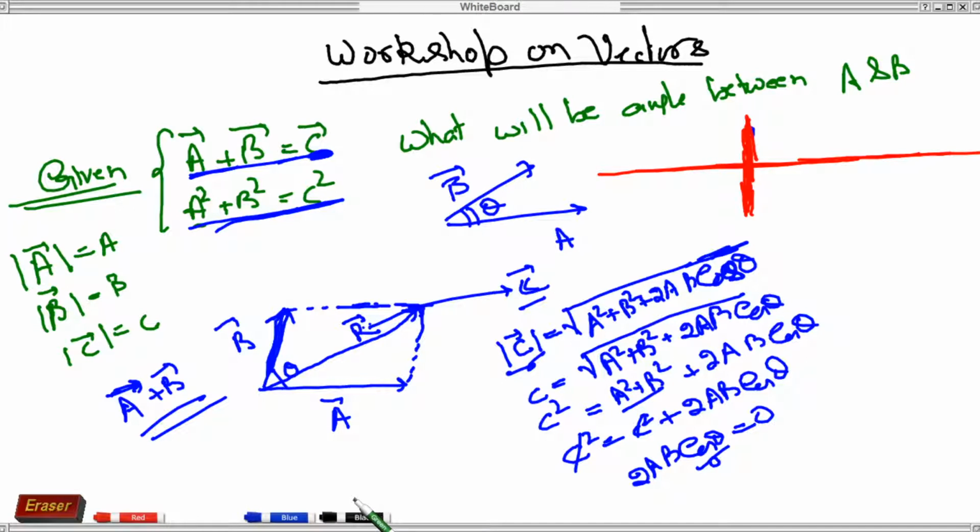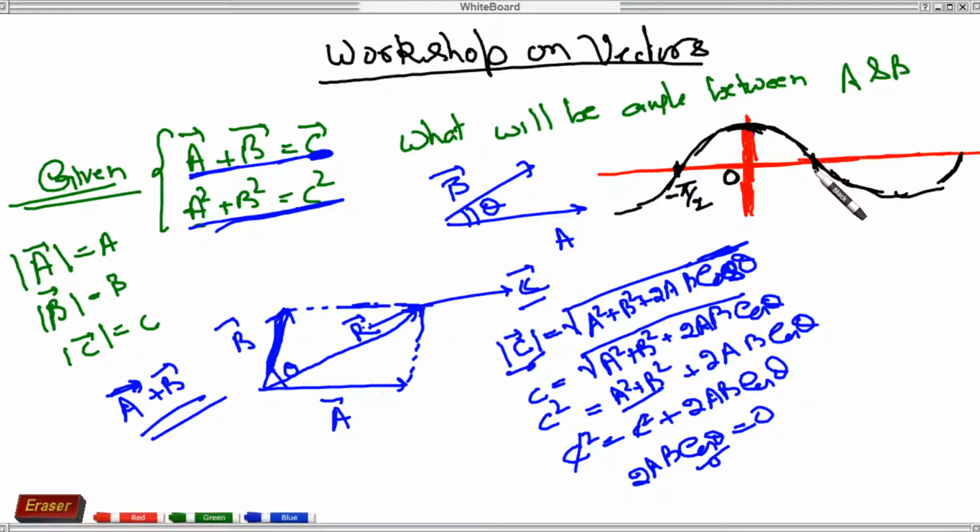It's like this. So this is minus pi by 2, this is the origin, that's the 0 part.